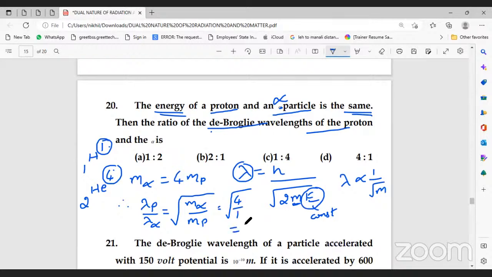What is root 4 by 1? 2. Why 4 by 1? Because the mass of the alpha particle is 4 times the mass of the proton. 4 mp by mp, so mp will get cancelled out.